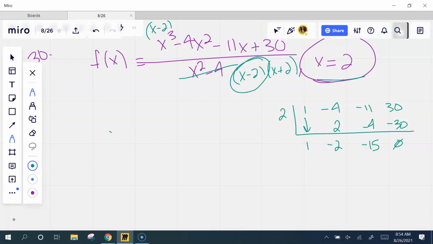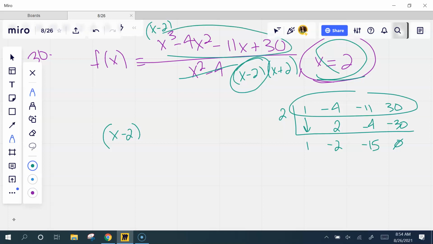Wait, I don't really know how to do that. All right, so you change the sign of whatever the factor is that you're dividing by. It has to be x plus a number or x minus a number, no coefficients, no exponents on the x. These are all the coefficients here.